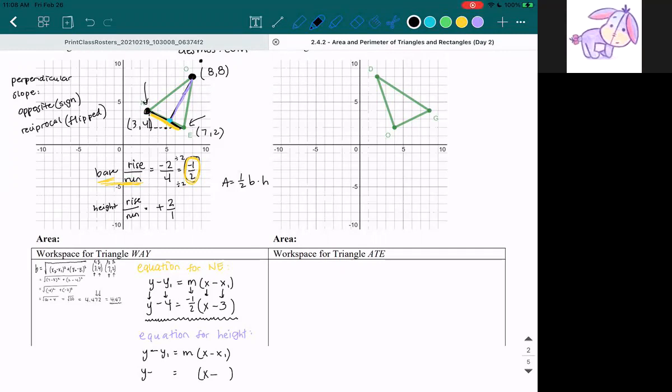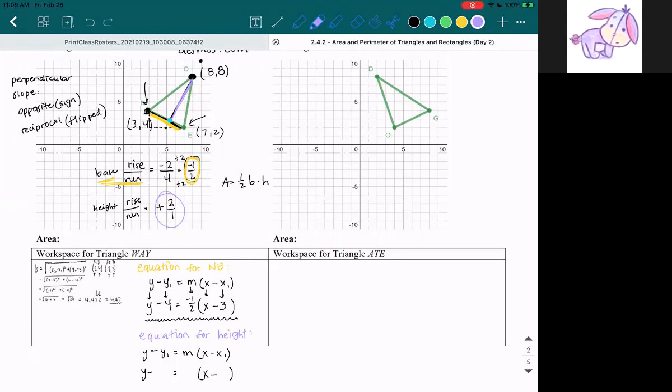Okay, so what are those things that we need to fill in? Well, first we can fill in our slope, the m value. Remember our height slope that we found was the opposite reciprocal, so we said it was 2/1. You can just write that as 2 because 2 divided by 1 is just 2. So that is our slope.